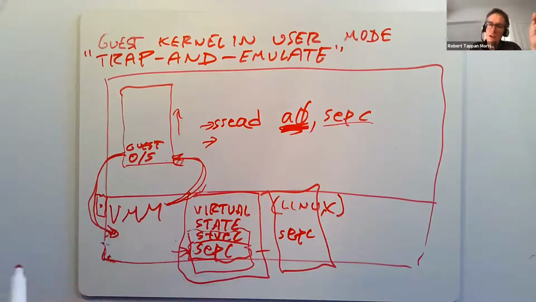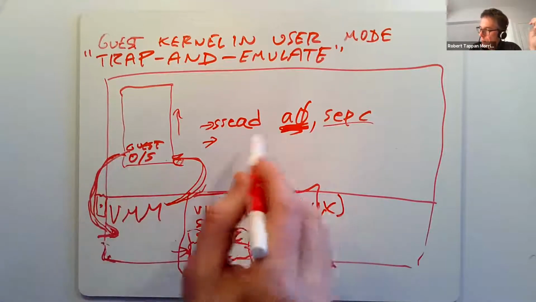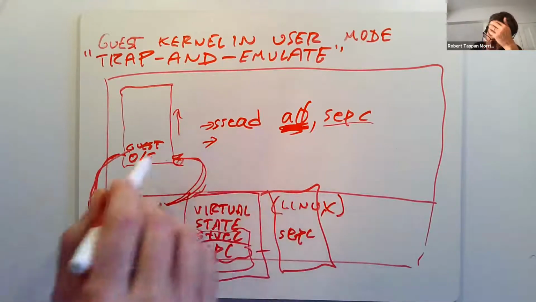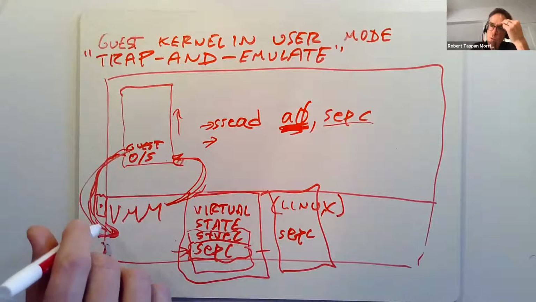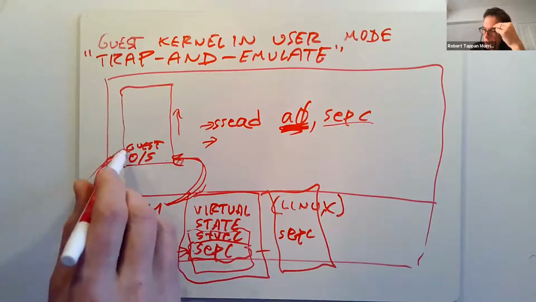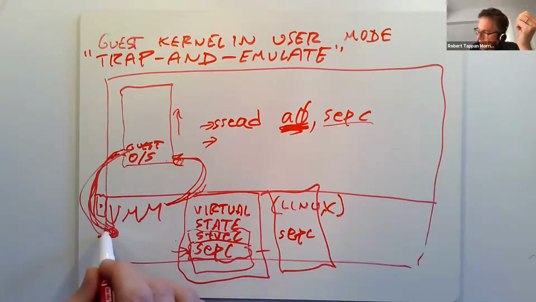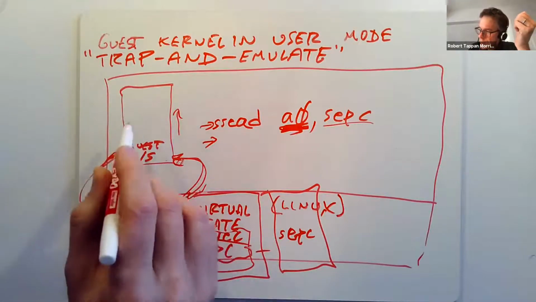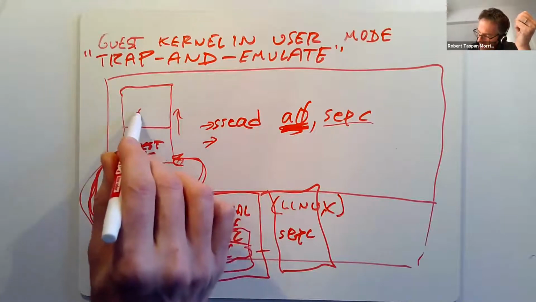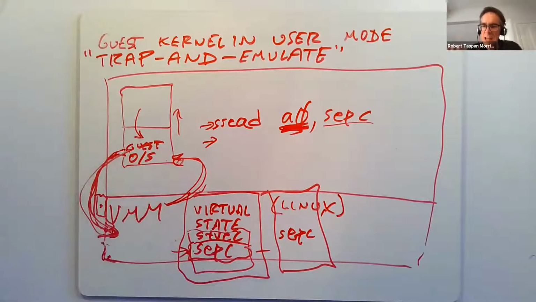So for example, think about SCAUSE. When the guest operating system tries to do anything privileged, a trap will occur, and the hardware sets the real hardware SCAUSE register to the cause of the trap, right? Which is illegal instruction or unprivileged instruction, whatever it is. But supposing the guest operating system has just taken a system call from a guest user process, the guest operating system needs to see an SCAUSE that's whatever the right value is for a system call, right?